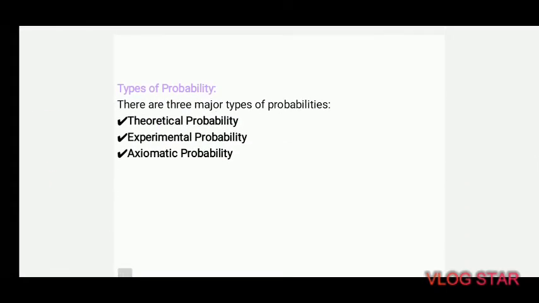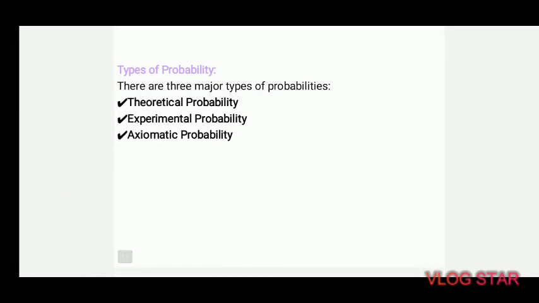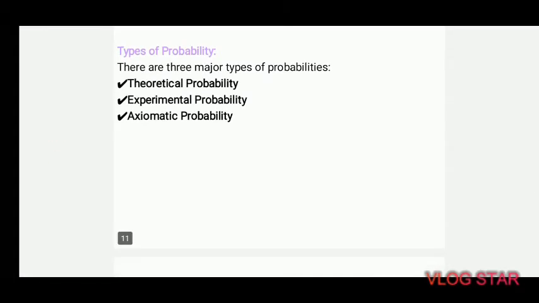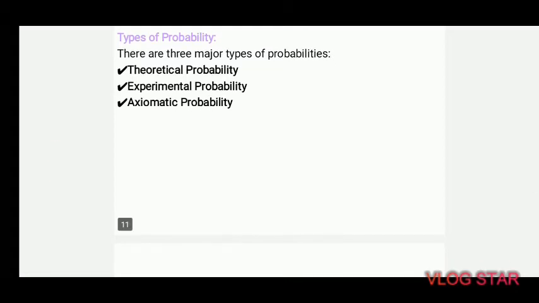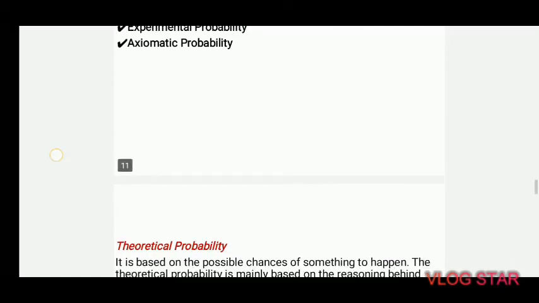Next is types of probability. There are three major types of probability. First is theoretical probability, then experimental probability, then axiomatic probability.